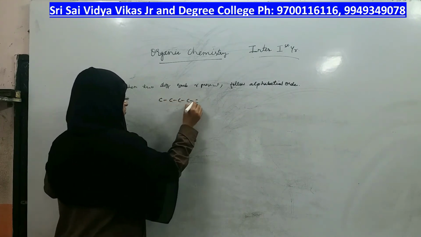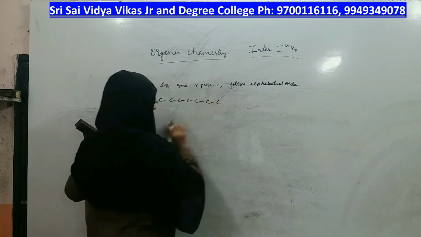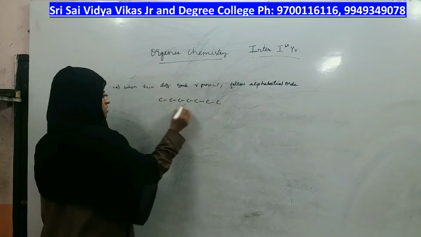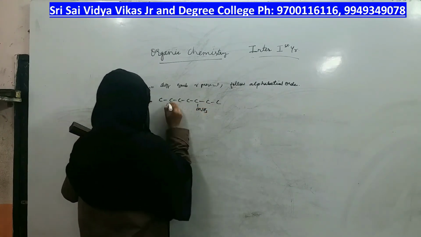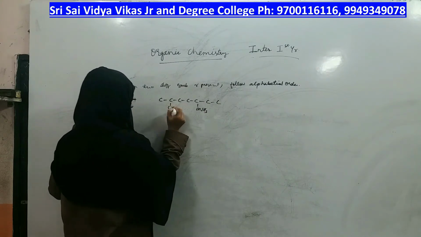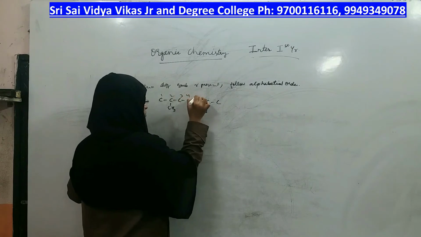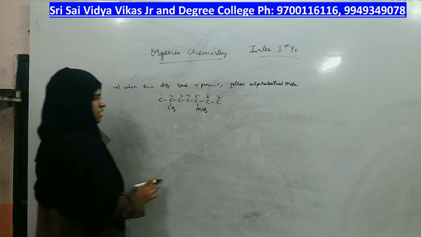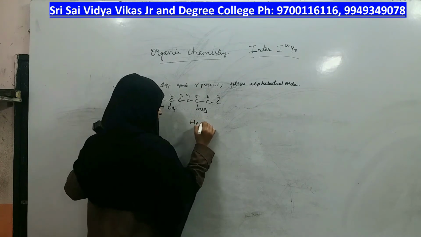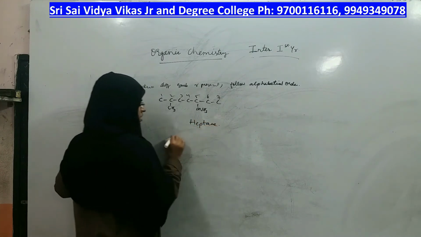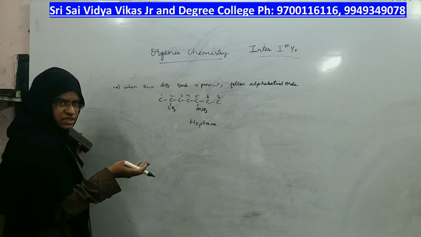1, 2, 3, 4, 5, 6, 7. What is the numbering? 1, 2, 3, 4, 5, 6, 7. For 7 carbons, what is the root word you got? Heptane. Now, are there any alcohols, carboxylic acids, aldehydes, ketones?